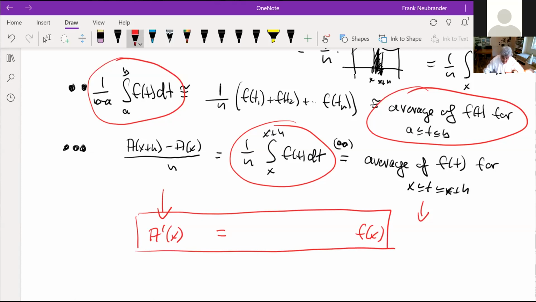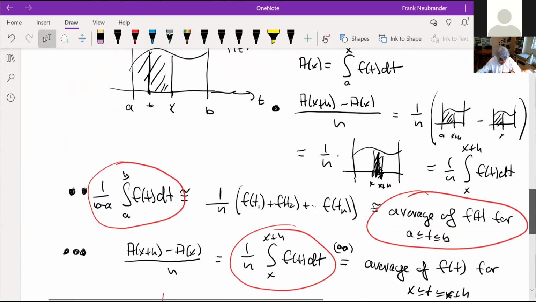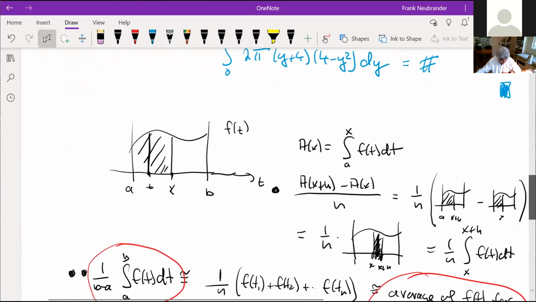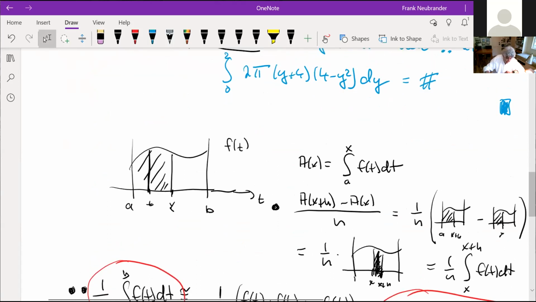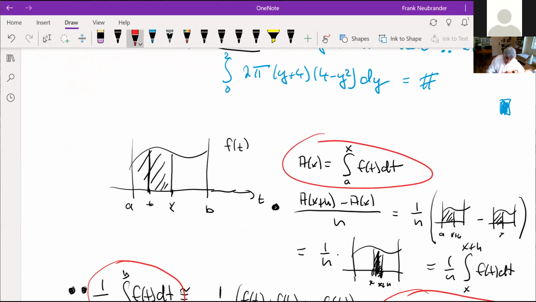And that is the fundamental theorem of calculus part 1, that the rate of change of the area function is determined by the height. So if you look at this function here and you want to know what the derivative is, that's dA dx.